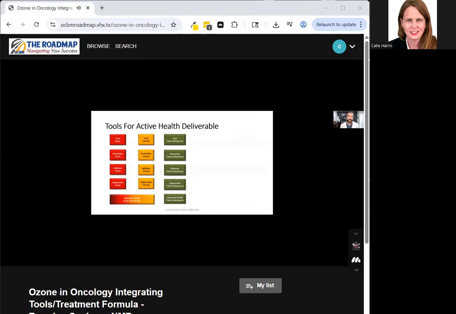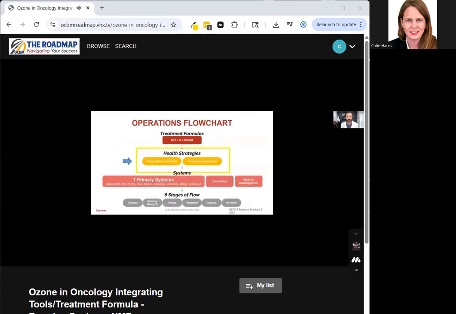And so in this image that I'm showing you, we have ways that we can cure acute disease and cure chronic disease, but we also need tools that help prevent, palliate, and suppress. And the one thing I would add at the very bottom, improved health, is proactive medicine, things that improve overall health. So when we're choosing tools, the more dynamic a tool is, the more it hits multiple areas of these categories.